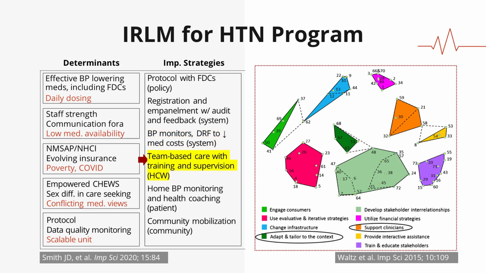For team-based care, this again relates to adapting and tailoring to the context. This was a real strength: community health extension workers can prescribe blood pressure lowering medicines, as well as supporting those clinicians with ongoing training and supervision. The home blood pressure monitoring and health coaching provides training and education of patients as key stakeholders in this process. And lastly, the community mobilization relates to engaging consumers.